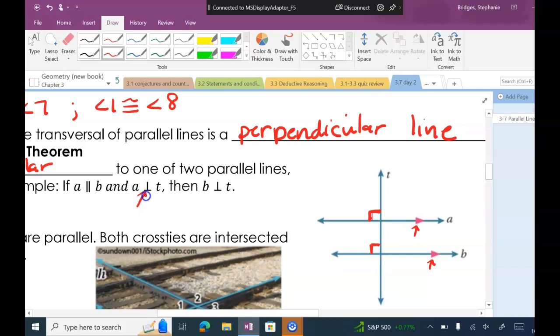And just remember that upside down T means perpendicular. And perpendicular lines form what kind of angles? If lines are perpendicular, what kind of angles do they form? Right angles.